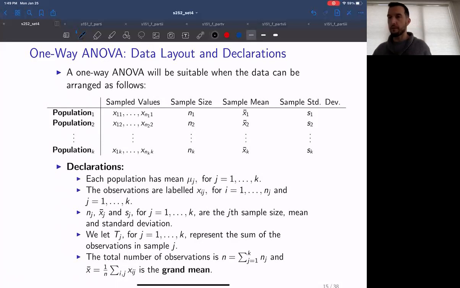Okay, so it is possible that we might observe the following table, which would represent the data in our experiment. So you might have, for example, for population 1, a sample of size n1, and then you have your sample statistics. Population 2, you have a sample of size little n2, and then your statistics. And then that same idea for all K populations.